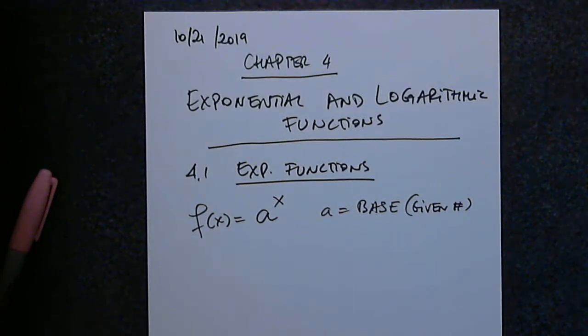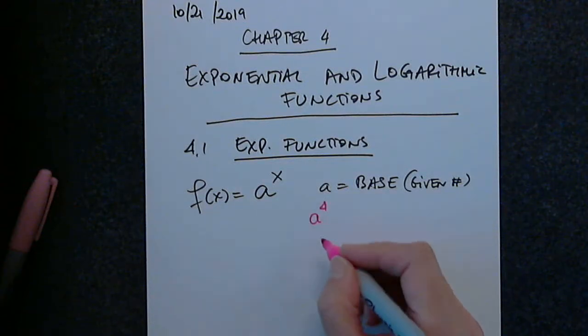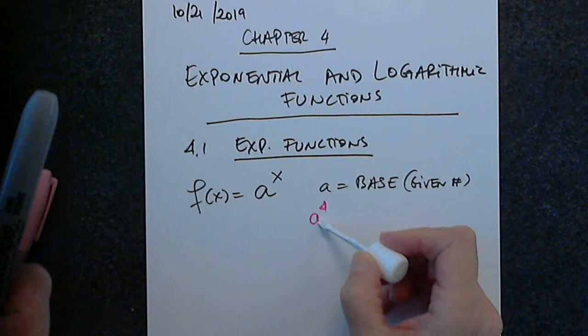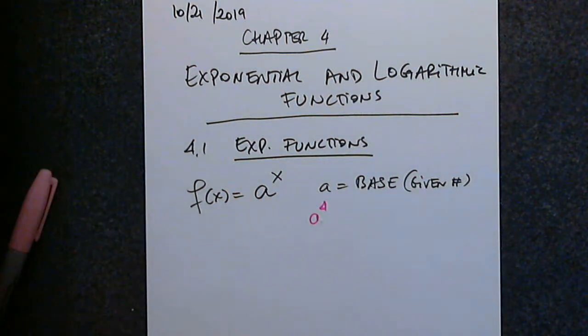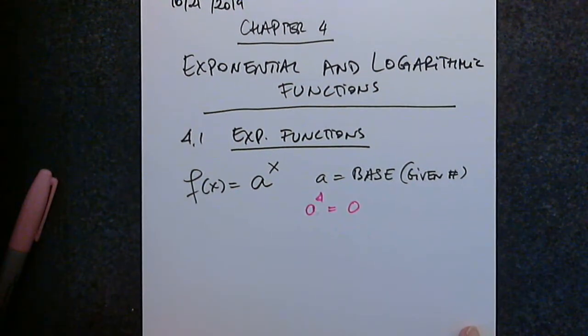So let me ask you three quick questions. Can I raise 0 to the 4th power? The answer is 0. Of course I can. 0 times 0 times 0 times 0.